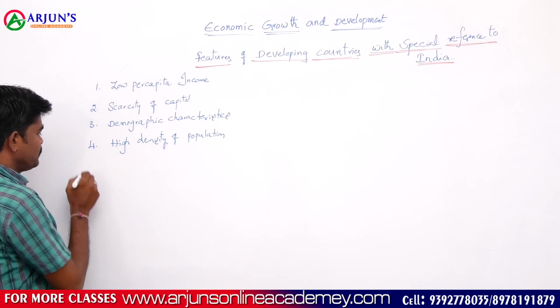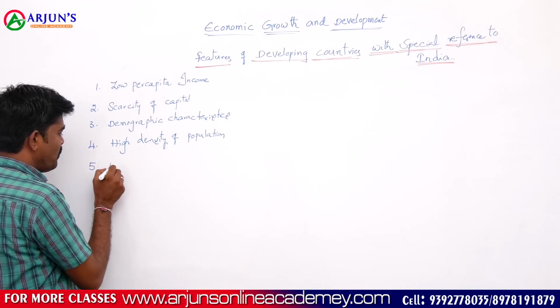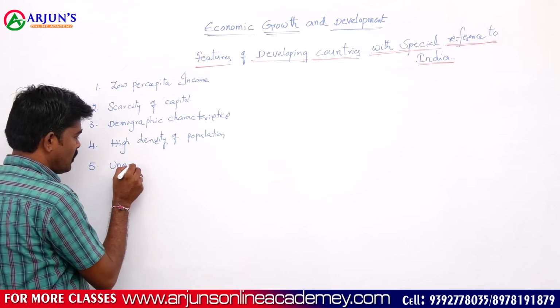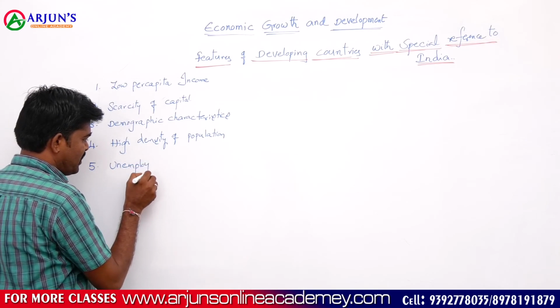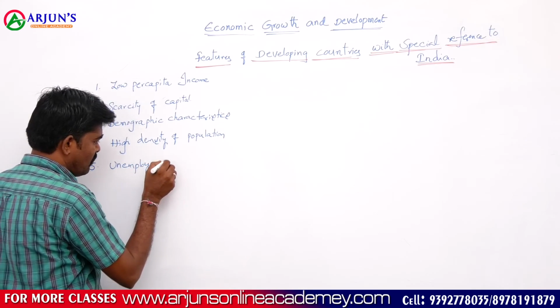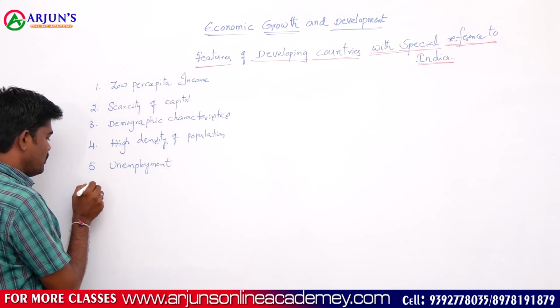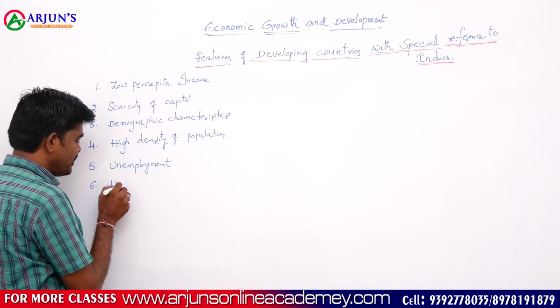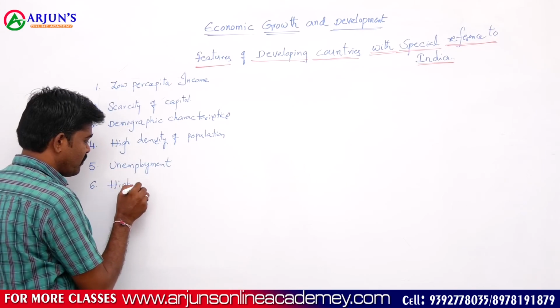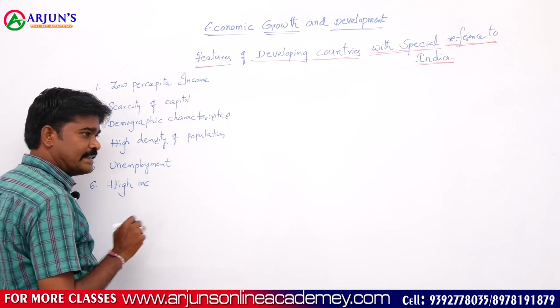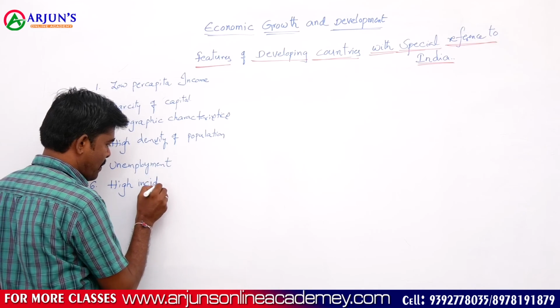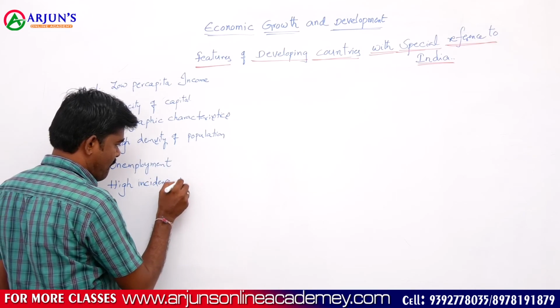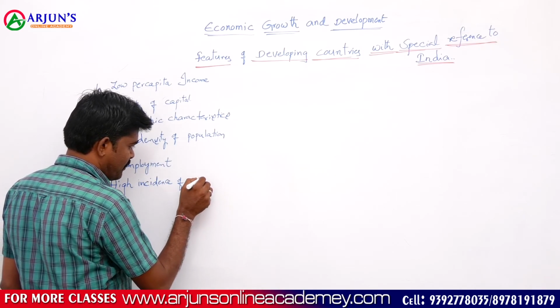Number 5, unemployment is another important feature of developing countries. Number 6, whenever there is unemployment, high incidence of poverty.